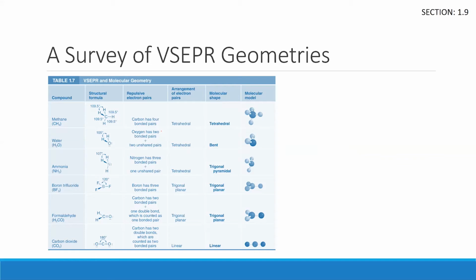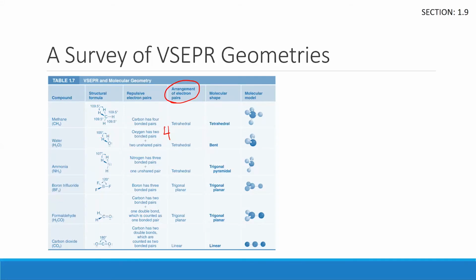If you have 4 electron groups attached, any type, lone pair or bonded pair, it doesn't matter, you will make a tetrahedral arrangement. Methane, CH4, has 4 groups, so its arrangement is a tetrahedron.